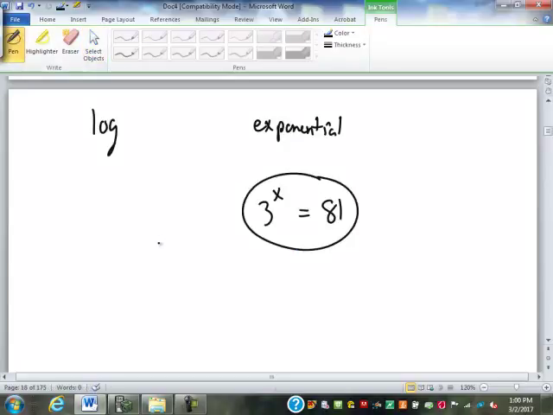The log equivalent of that, well, look at this. The exponential part here is this right here. That is the part that is an exponent. And remember, the exponent has two parts. It has the base, which is the number being taken to the power, and it has the power.